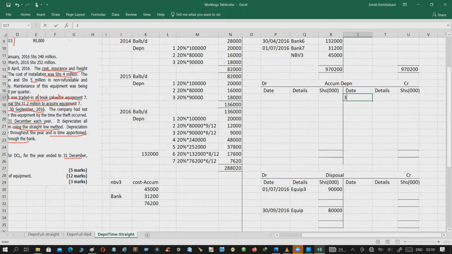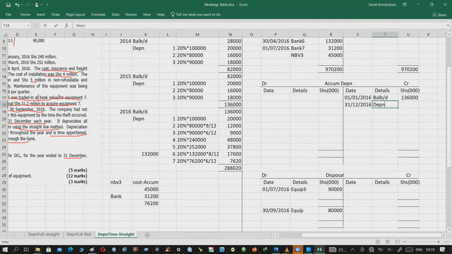So in our accumulated depreciation account, we are going to bring our information that is in the workings. And we know that at the start of the year, our opening balance in the accumulated depreciation account is the 288,000. Our opening balance is the 136,000.